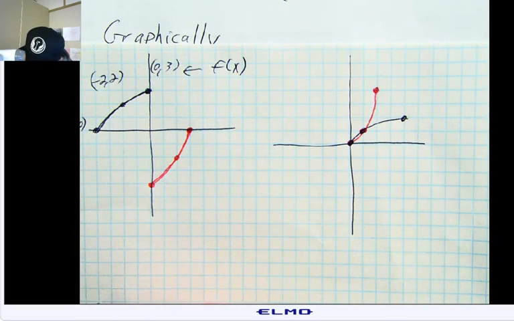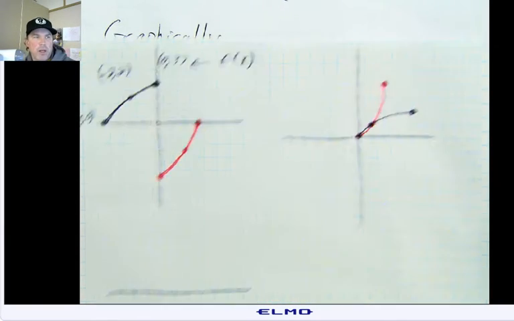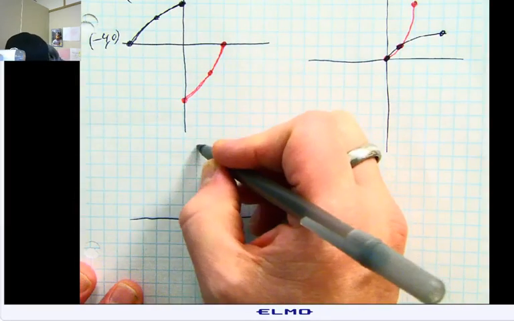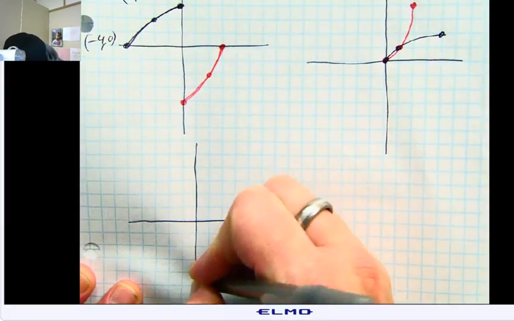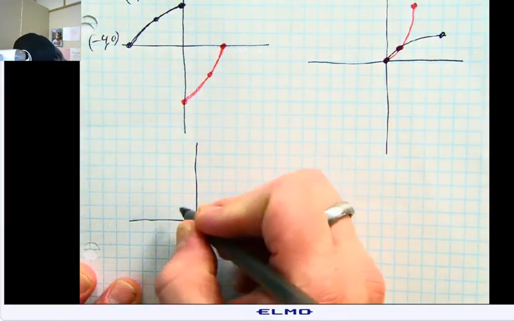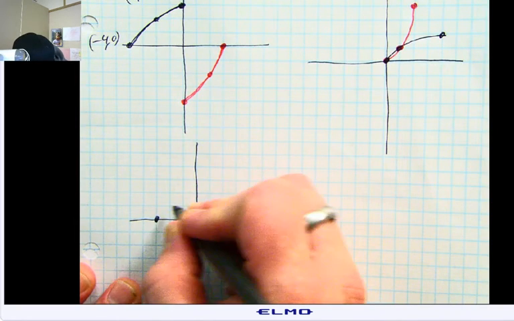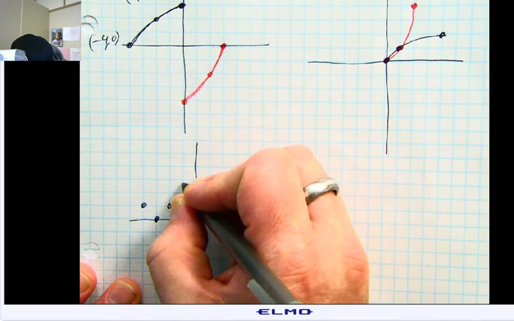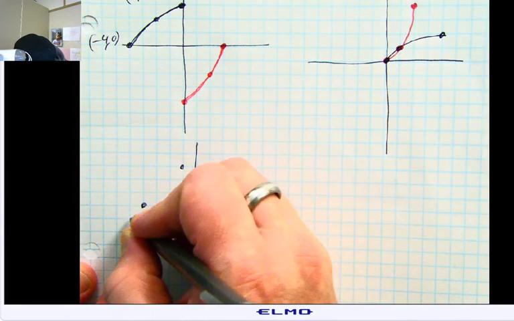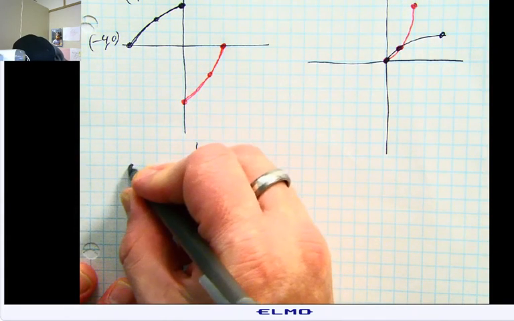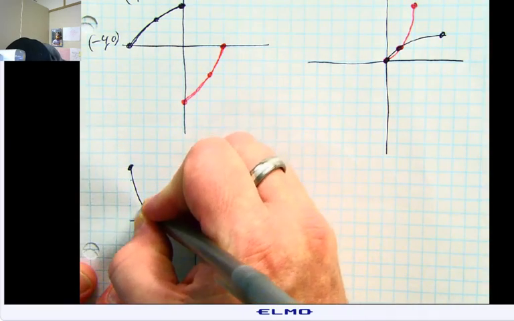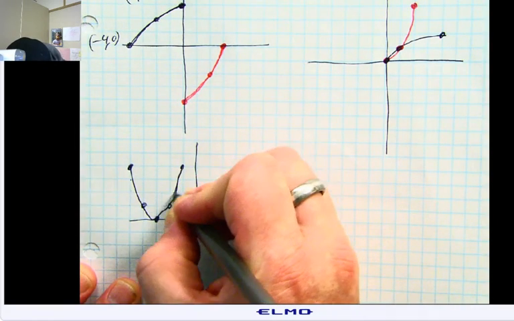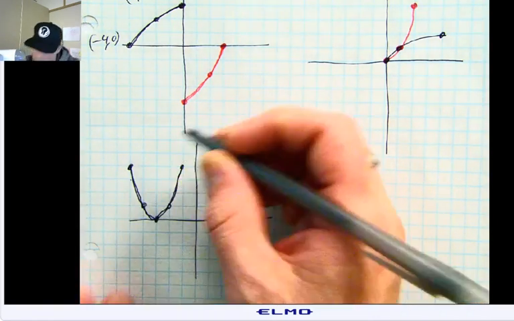Example 3. On this one, I'm going to draw kind of an x squared looking graph. I'm going to put the vertex here at (-3, 0). And if I think about parent points, over 2, up 4, over 2, up 4, I'd have a graph like this. So what would the inverse of a parabola look like?